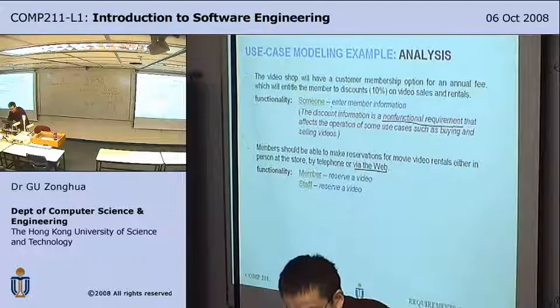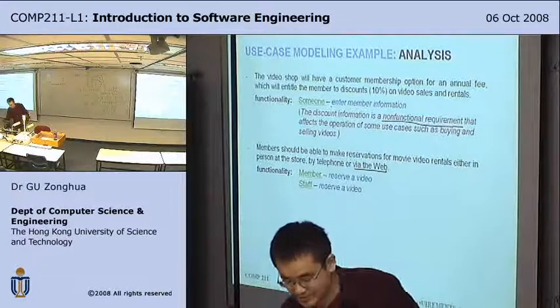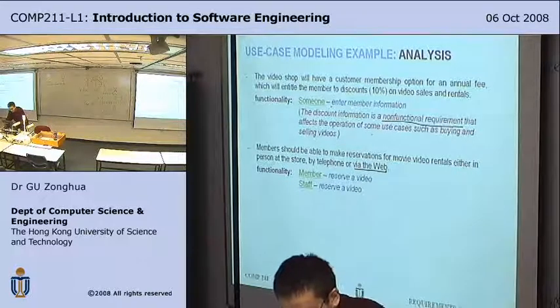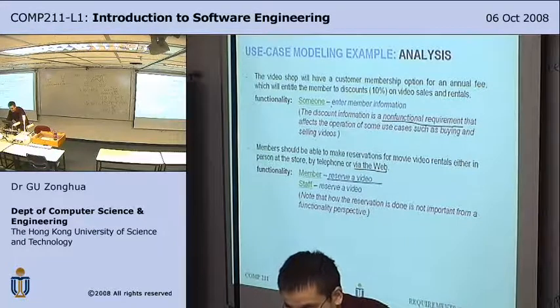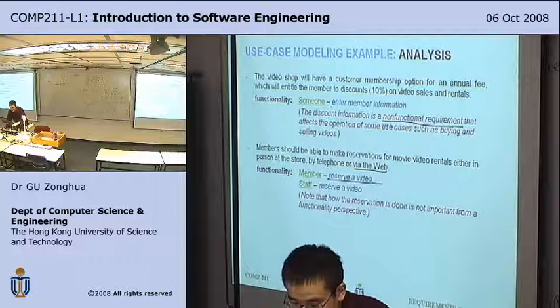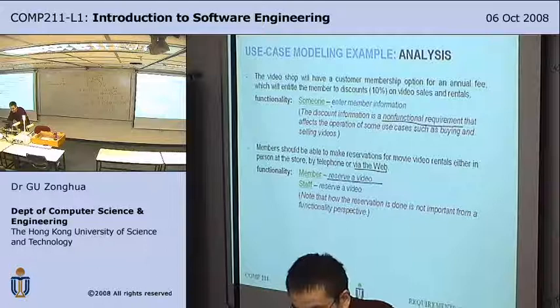If it's done at the store, then the staff does it from the system's perspective. So how the reservation is done is not important from the functionality perspective. So you just need to say reserve a video. You don't specify by telephone or via the web as part of the functionality.